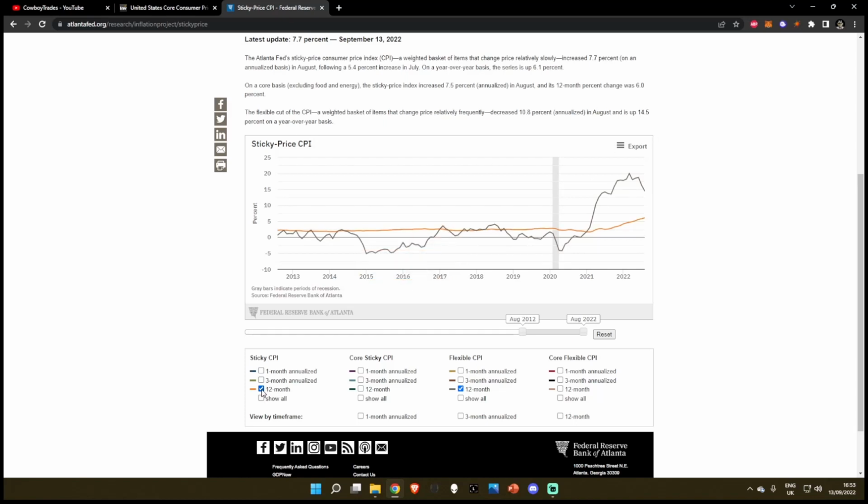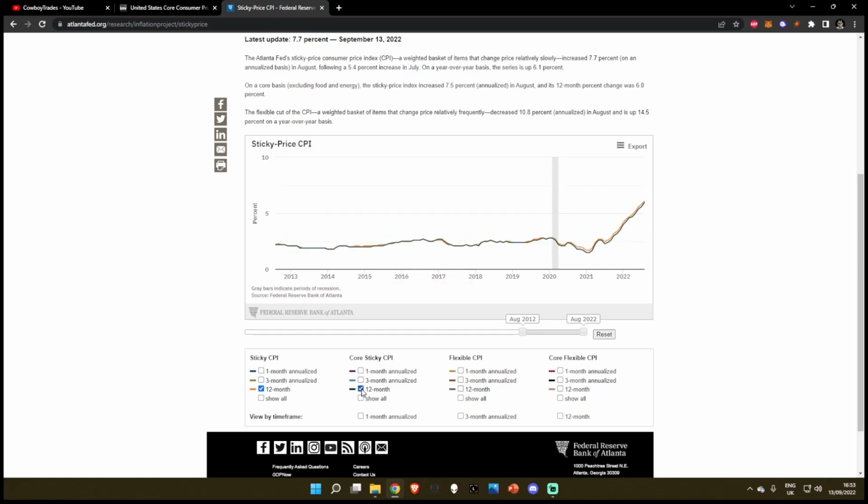However, when we visualize the sticky CPI, we're taking away these things. Whether we're looking at sticky CPI or core sticky CPI, we're taking away the very fast moving categories such as energy and food, and we're getting a better idea of the direction of the CPI over the long term, because once again, we're looking at the categories which are slow reacting.